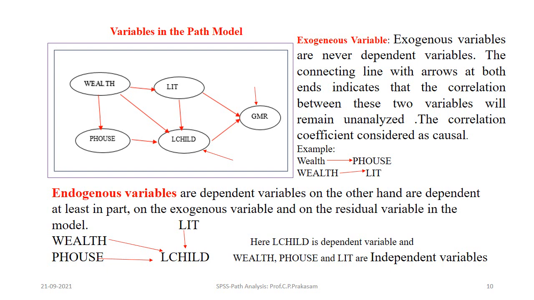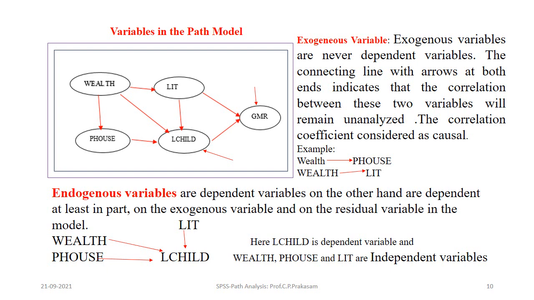One important point is that exogenous variables are never dependent variables. Here if you look at wealth and Pakka houses, there is no arrow coming in, only arrows going out. Therefore, these variables are not dependent variables. These are the exogenous variables. The connecting line with arrows at both ends indicates that the correlation between the two variables will remain unanalyzed.